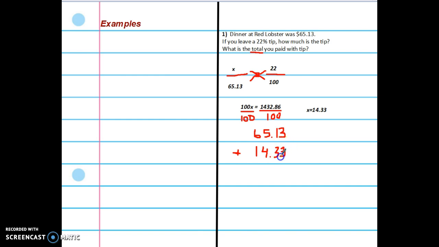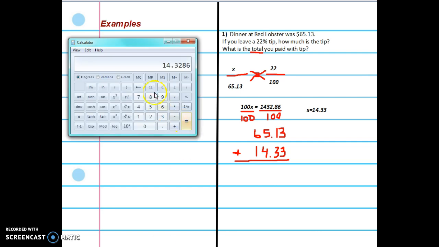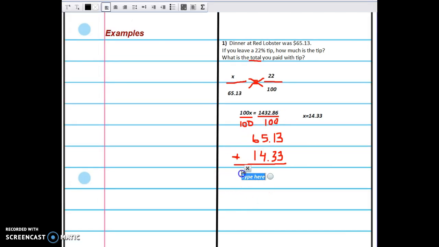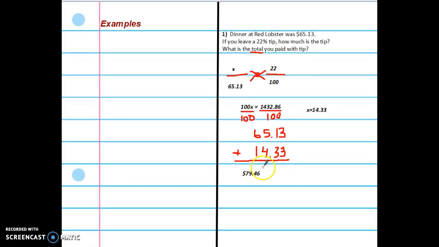Because remember, tax and tip make the amount increase. So we're going to do 6513 plus 1433. 3 plus 3 here gives you 6. 3 plus 1 is 4. 9, so we get $79.46. So that would be your final answer for this problem.